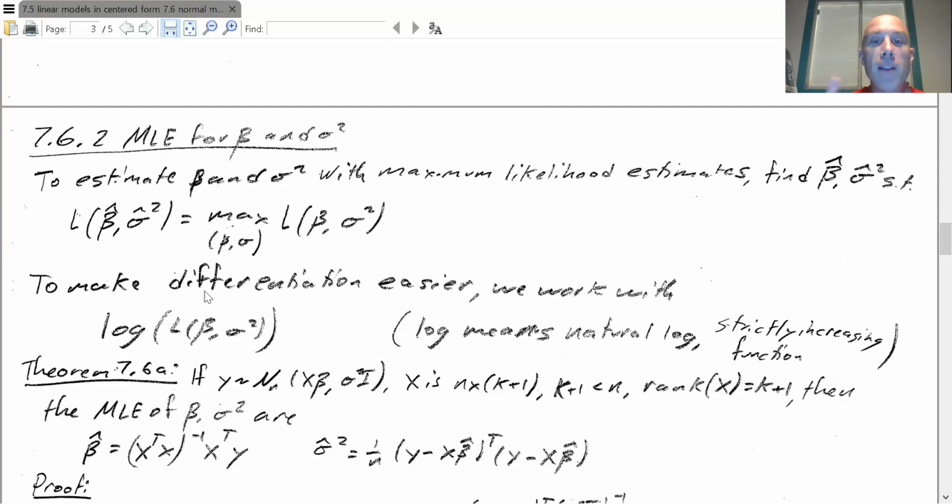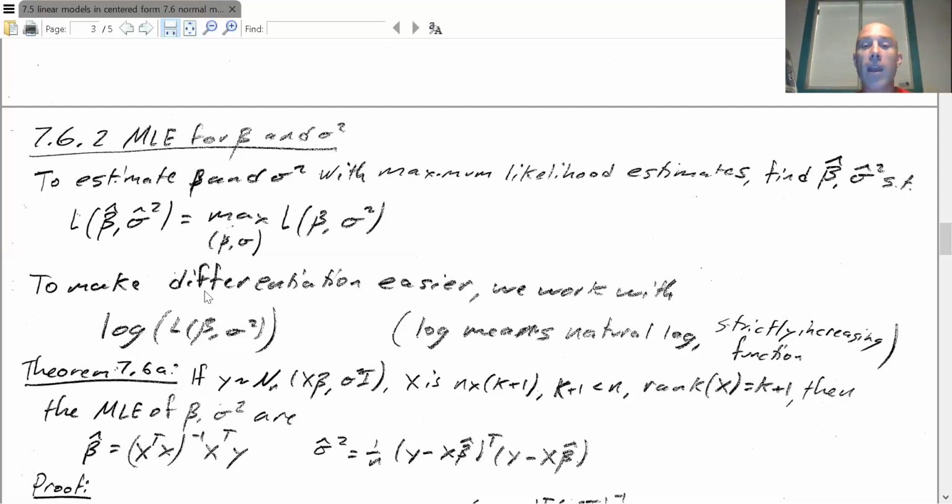All right, so to make differentiation easier, I'm not going to work with the likelihood function. I'm going to work with the natural log of the function. Logarithms are strictly increasing differentiable functions. Being strictly increasing means that if I find the maximum after taking a logarithm, that same value will be the maximum value without the logarithm.